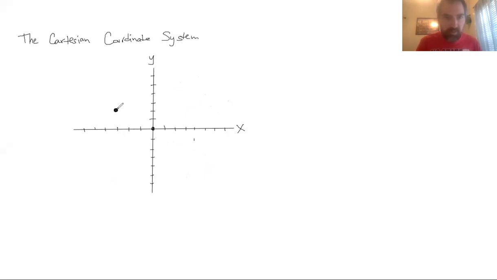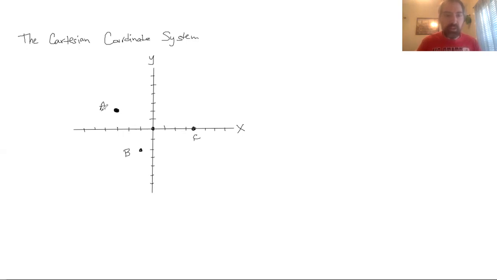I'm going to call this point here A. I'll call this point B. And this point C. All right, so see if you can tell me the ordered pair of A, B, and C. You can pause this video to make sure that you have time to label these, and then you can resume and see if you got these correct.